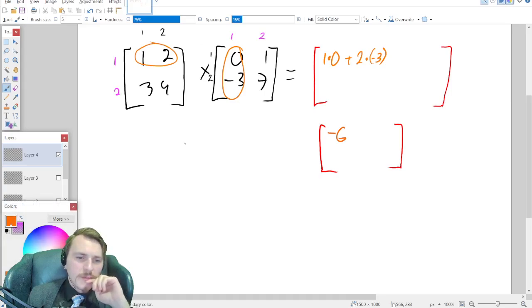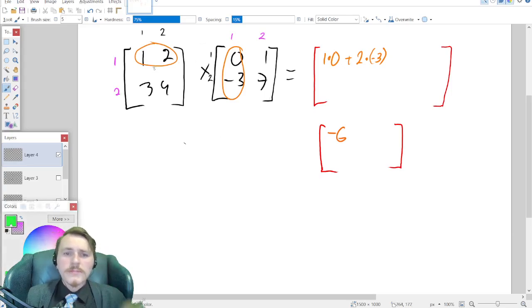Let's try this with another number. Let's say we'll use green for this one. Now I want to get the thing in the first row, second column. What do I multiply together? The first row of the first thing times the second column of the second thing. Same thing, 1 times 1 plus 2 times 7.